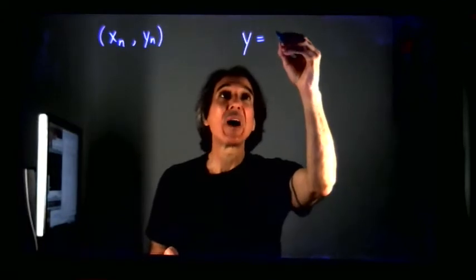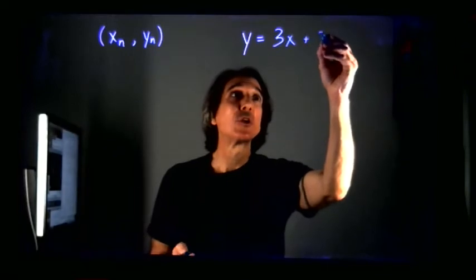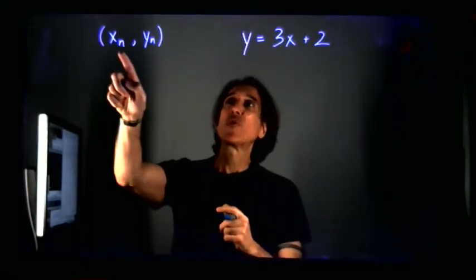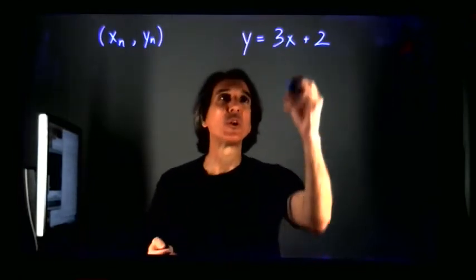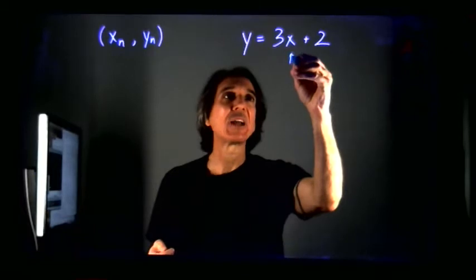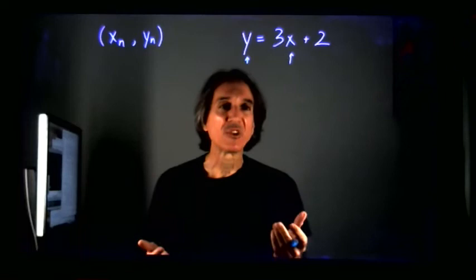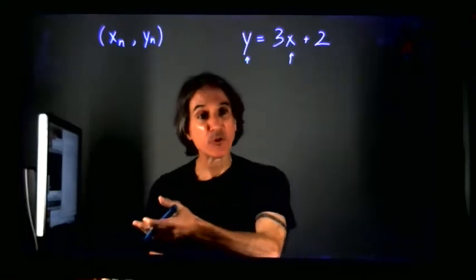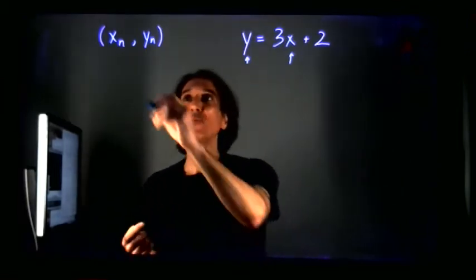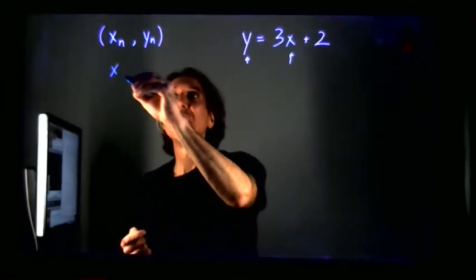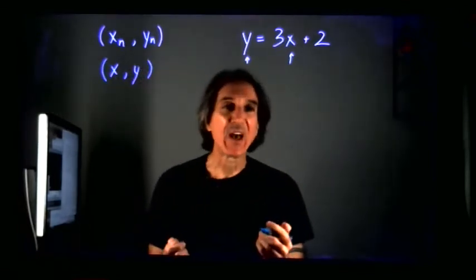If we take y is equal to 3x plus 2, we use the subscripts n with x and y to indicate a particular value that we're going to plug into x that generates a y. A specific value of x that creates another specific value of y is the ordered pair. In general terms, we use x, y to represent any value on the line.